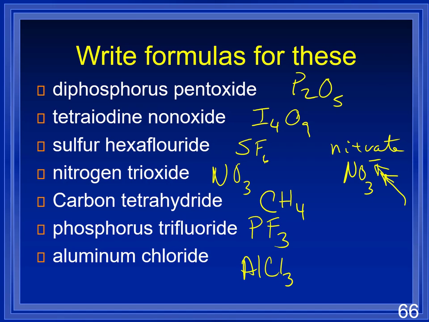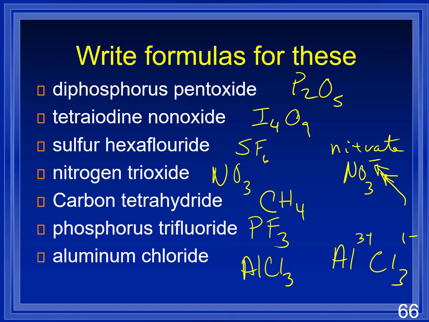No. If it doesn't tell you how many, they expect you to figure out how many. Aluminum's a metal. Aluminum's 3 plus. Cl's 1 minus. I can make this equal 0. See why I said I had to teach you the hard one first? Because you'd want to do this one all the time. So we did the hard one, so that's why it's got to be AlCl3.